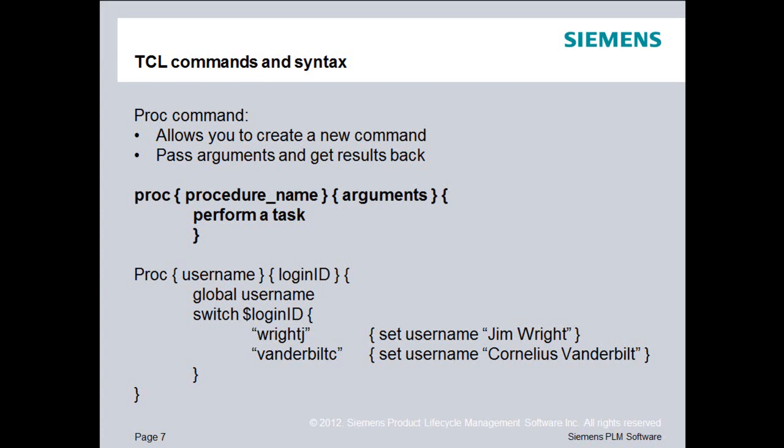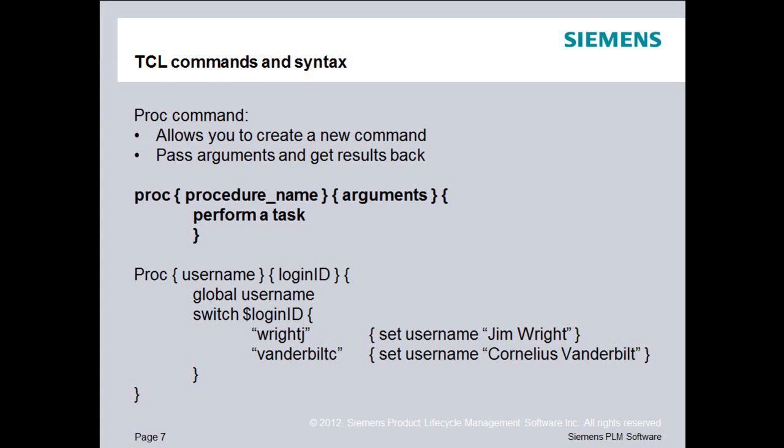But we know that the login name is typically not your real name. It's usually some cryptic version of your name, or it may be even just a series of letters and numbers. So I would like to create a switch command that looks at the login ID of the user and then outputs the name of that user as the NC programmer when he post-processes the program.